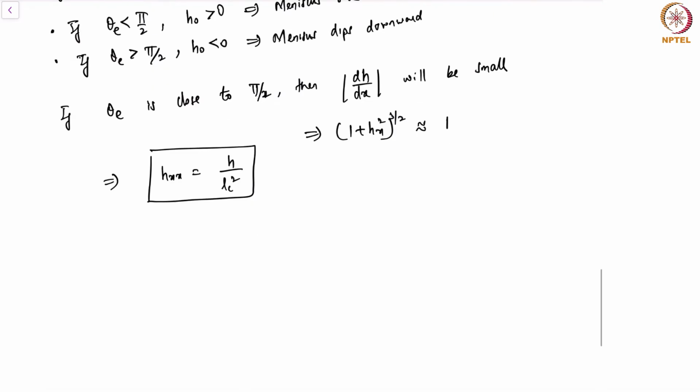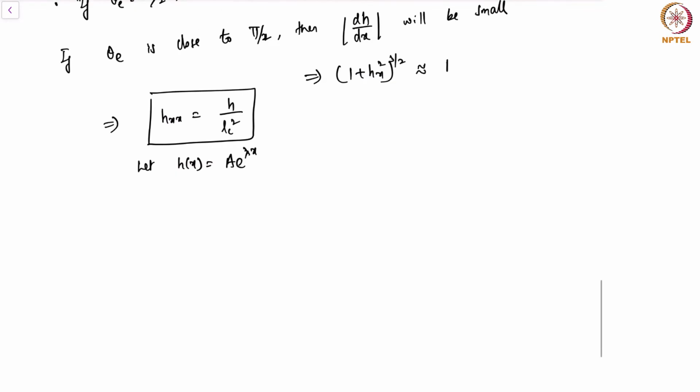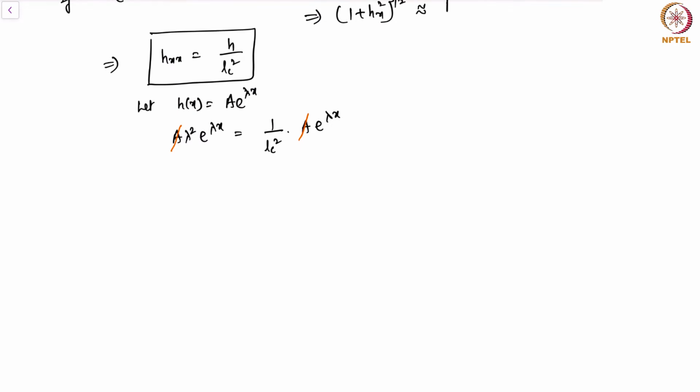Now, to integrate this, I can say let h of x is some a e power lambda x, and if I substitute it, hxx becomes a lambda square e power lambda x, which equals 1 by LC square times a e power lambda x. If I want a non-trivial solution, a should not be 0, and therefore I can cancel it.